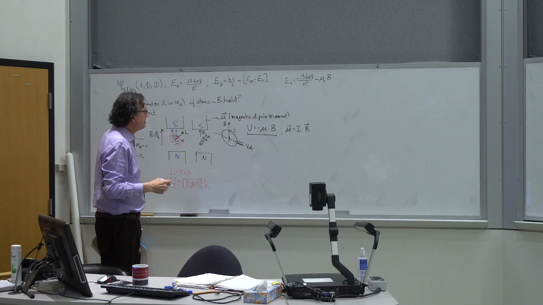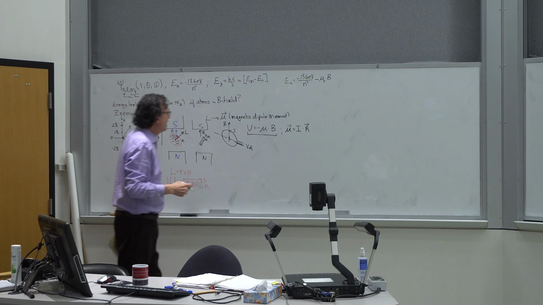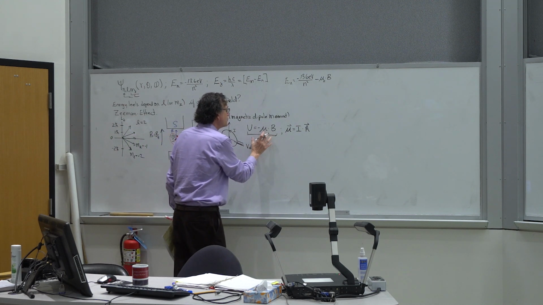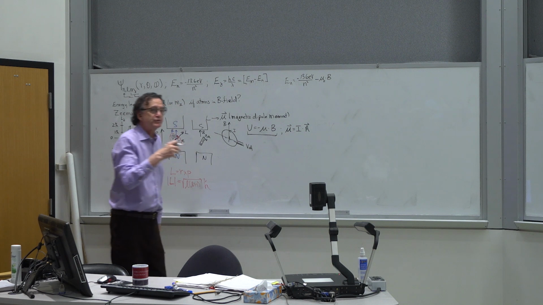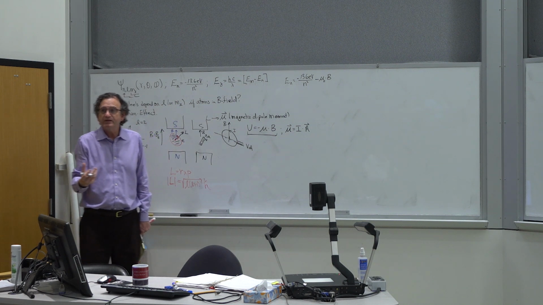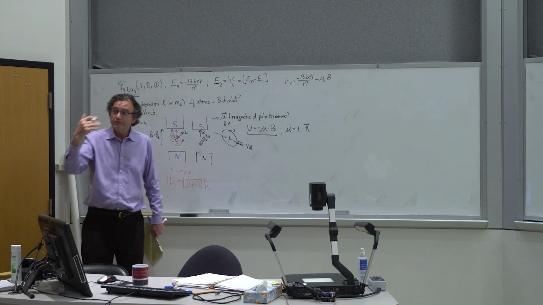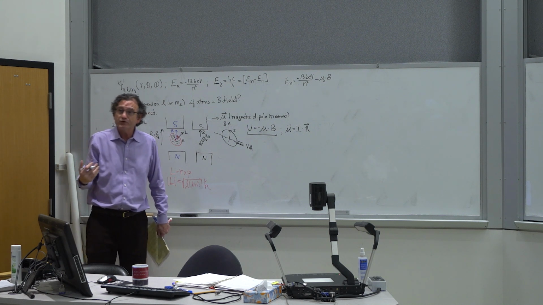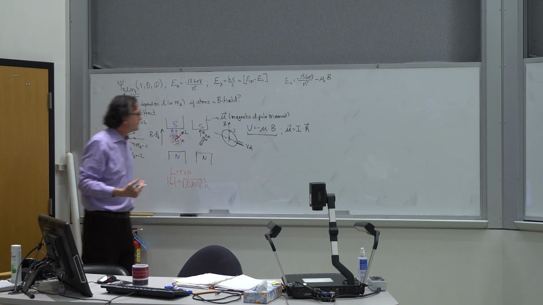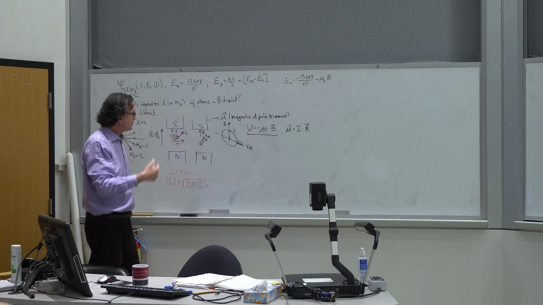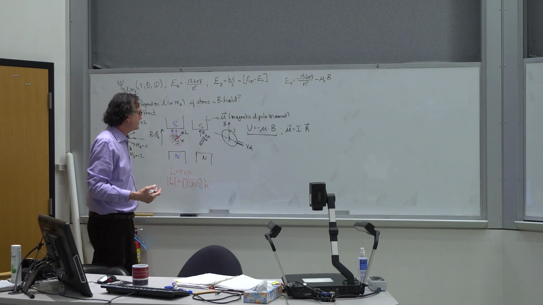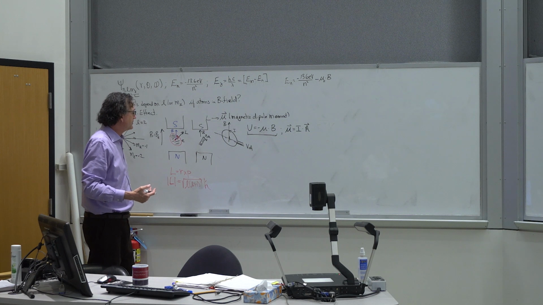So the problem now is we want to calculate, does this orbital angular momentum produce any measurable results in the energy levels, and therefore in the lines of the frequencies or the wavelengths that can be observed? And we're sort of heading in that general direction.